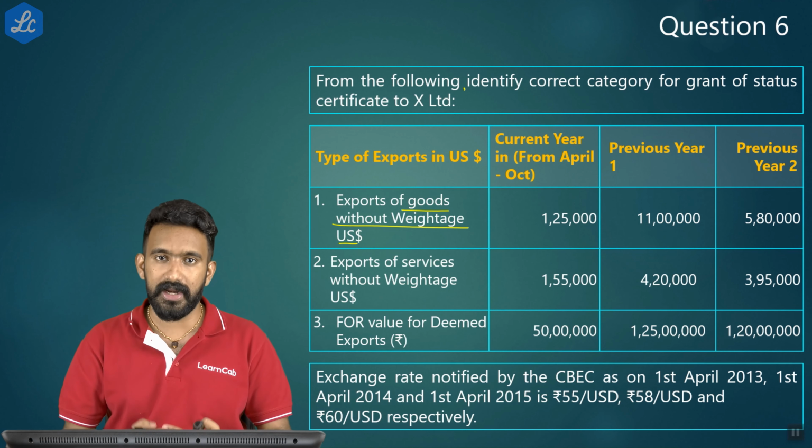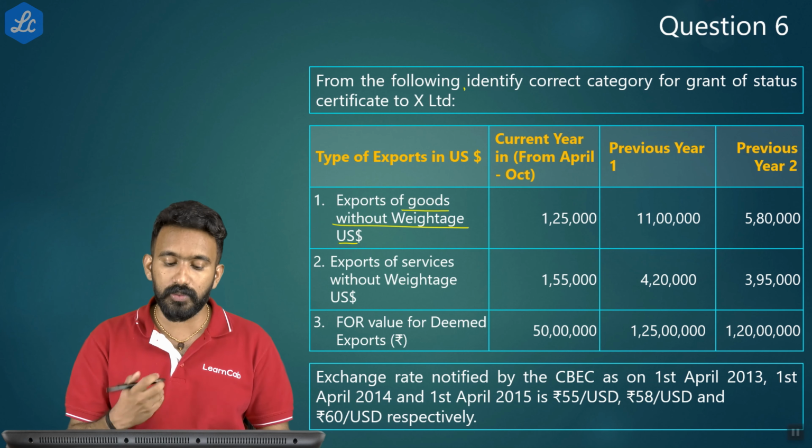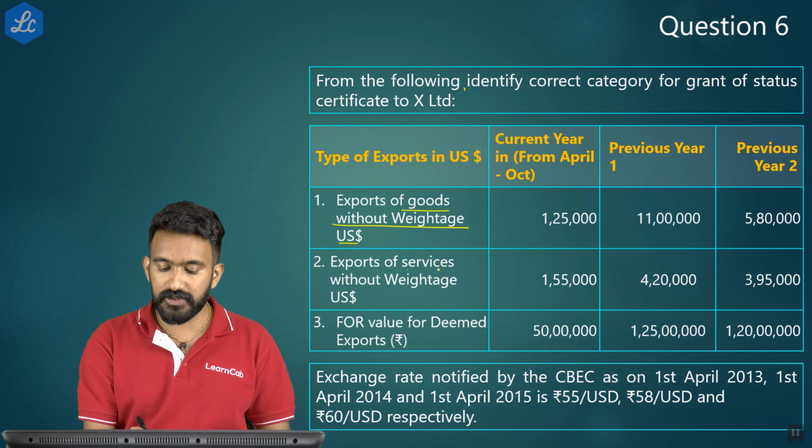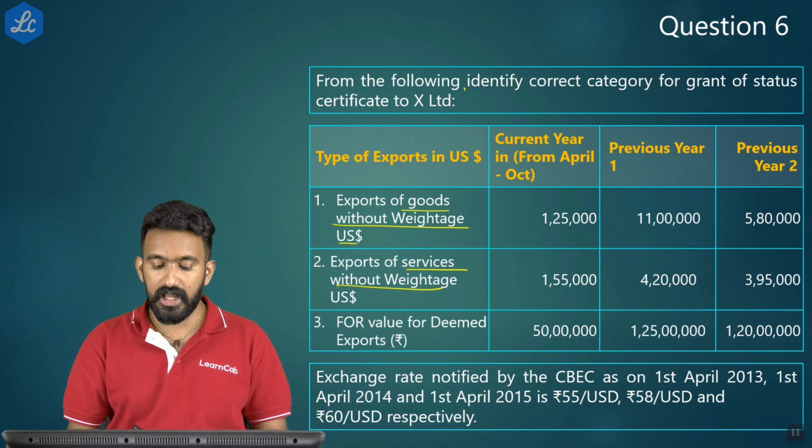So they get a double weightage on whatever export they do. So they're saying export of goods without weightage, export of service without weightage, and FR value of deemed export.